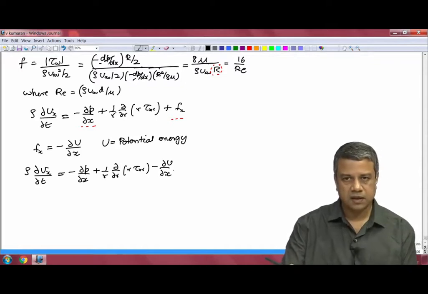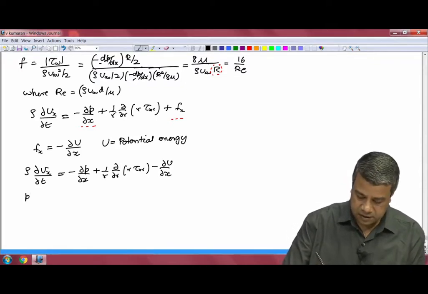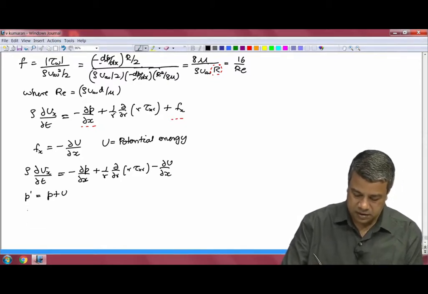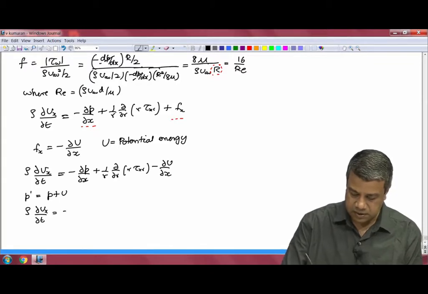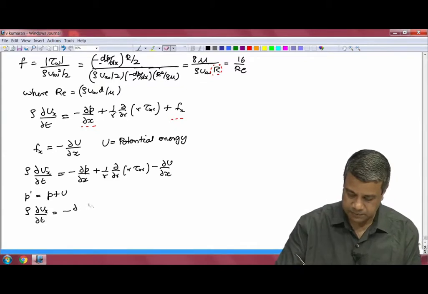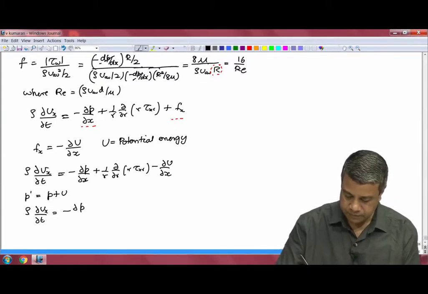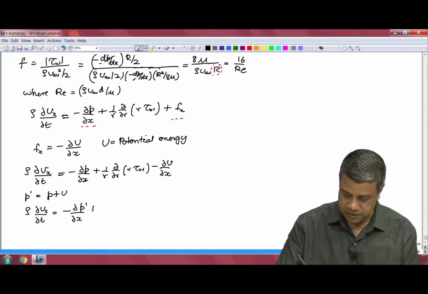And if I define a new pressure as P plus u, this just becomes rho times partial V x by partial t is equal to minus partial of P plus u, which is just P prime, by partial x plus 1 by r d by dr of r tau x r.